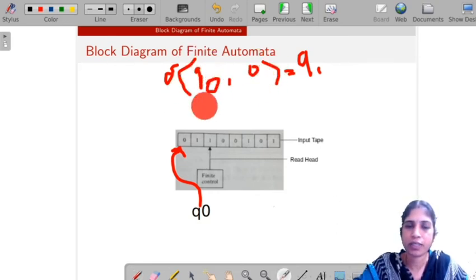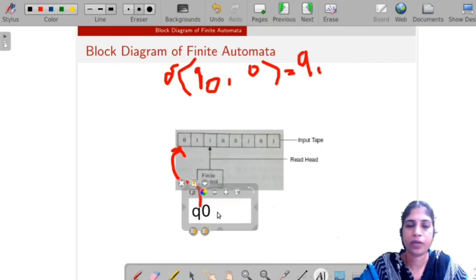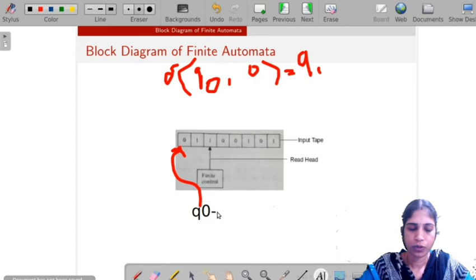That means initially it is in the state Q0. From the state Q0, it reads the input symbol 0 and goes to the next state Q1. So the finite control initially is in the state Q0, it reads the leftmost symbol, then the finite control moves to Q1.